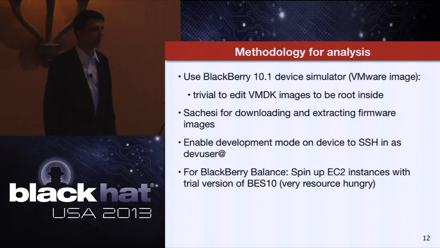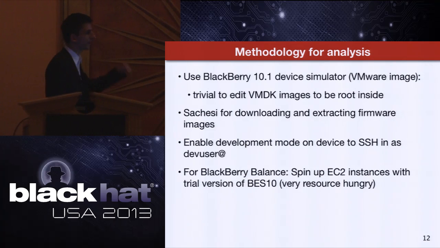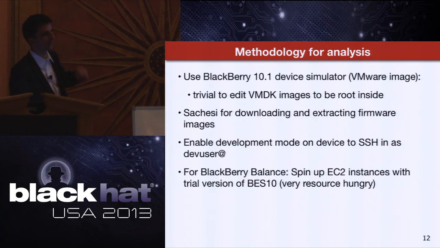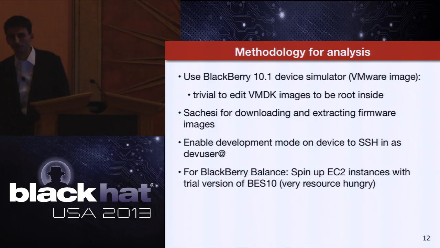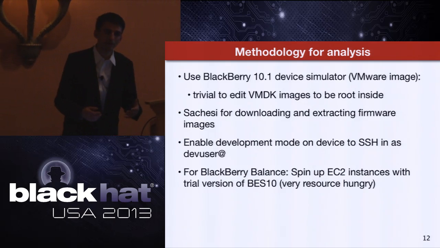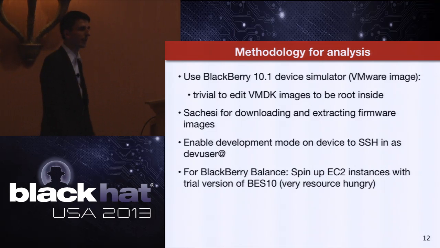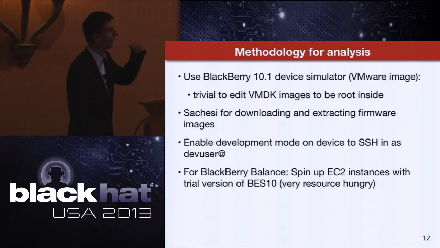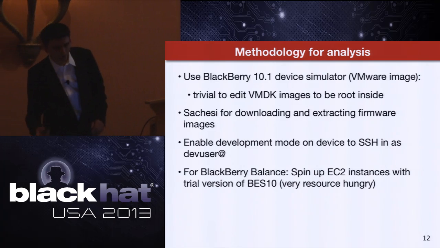And with this, you can basically generate download URLs for the system and for the radio files for all of the different versions of BlackBerry OS 10, so all of the different carriers. So you just give it an MCC and MNC, and then it gives you the URLs for that particular firmware, and the model, of course, because there's several different models of these, and then there's the one with the two models with the keyboard.